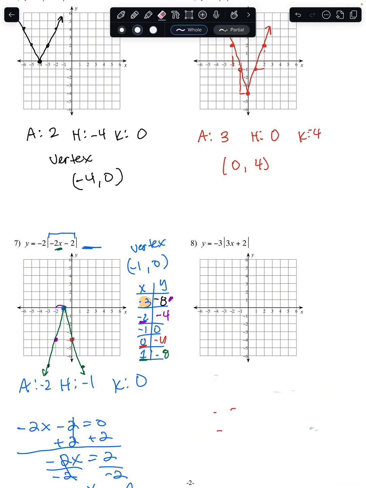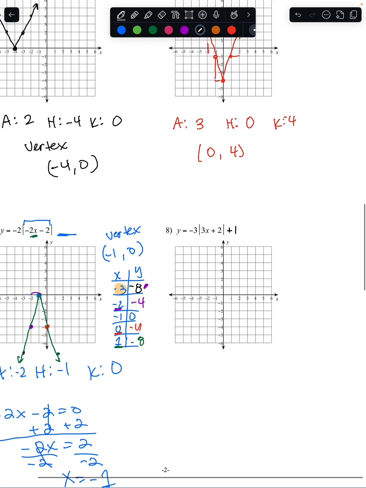Now, although this wasn't part of the original equation, I'm going to add something to this one. I'm going to put plus 1 at the back. Really make us work here, okay? So first I figure out our A, H, and K, because we got to get the vertex, and then we got to create a table.